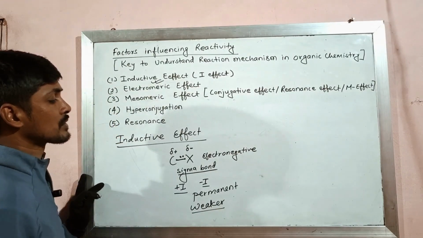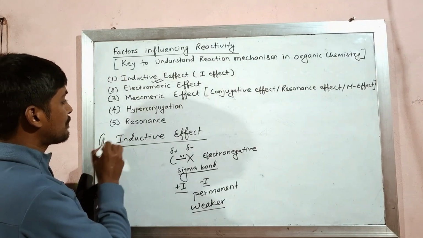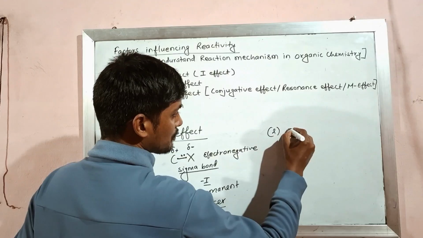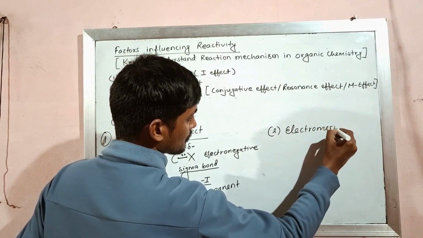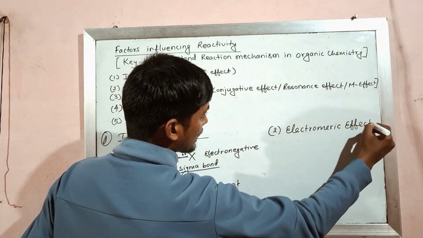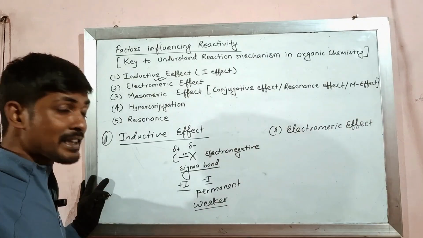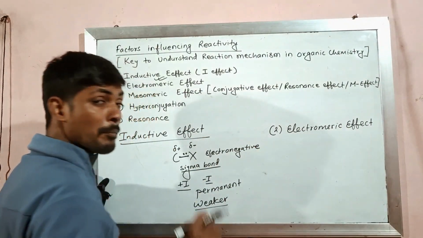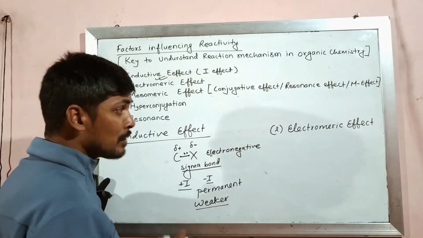Now, the second effect is the electromeric effect. This electromeric effect is a temporary effect mainly found in pi bonds, not in sigma bonds.